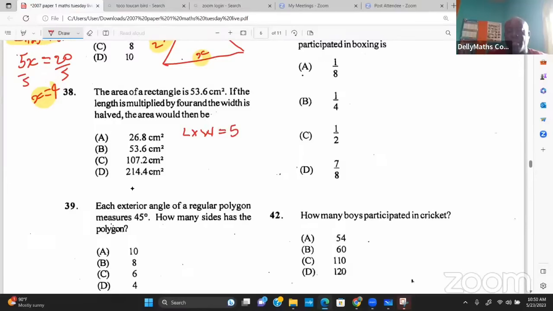And this was 53.6. So we were told that the length was multiplied by 4 and the width was halved.